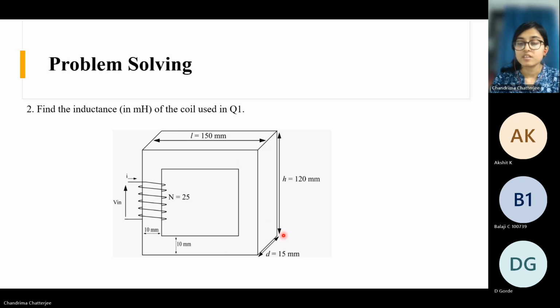Earlier we calculated inductance in DC-DC converters from the electrical parameters, where the current ripple specification and the input-output values were given. But here we will have to calculate the inductance from the core geometry, the number of turns, and the current. So you will have to utilize this information.